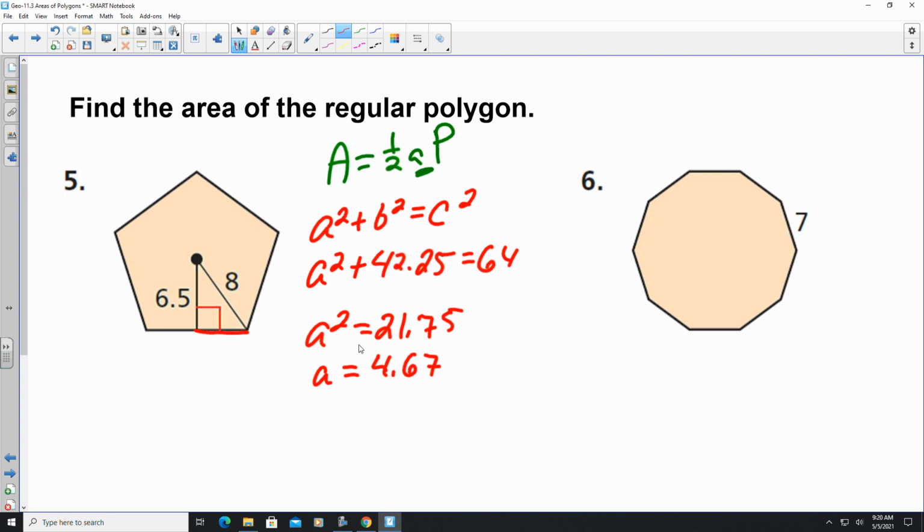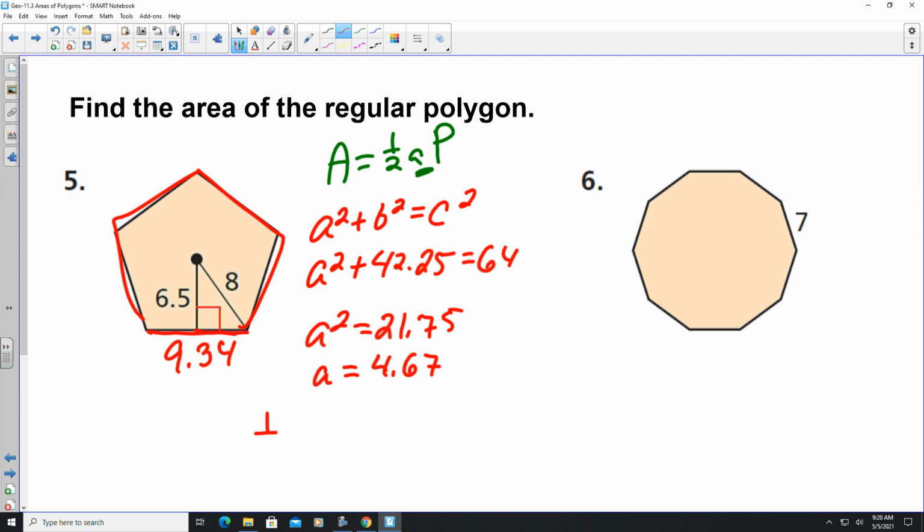4.67, which tells us that the side measurement here is going to be 4.67 times 2, which is 9.34. So there's 1, 2, 3, 4, 5 sides. So times that by 5, I get 46.7.